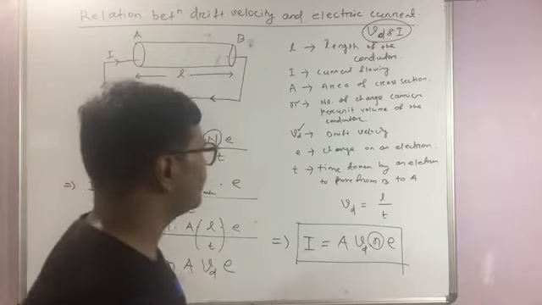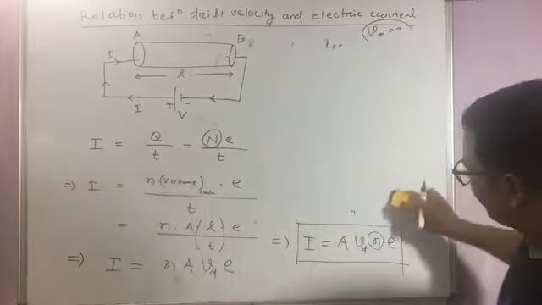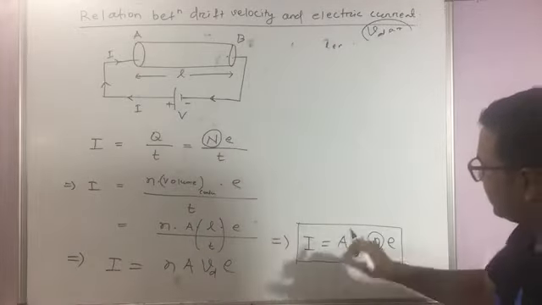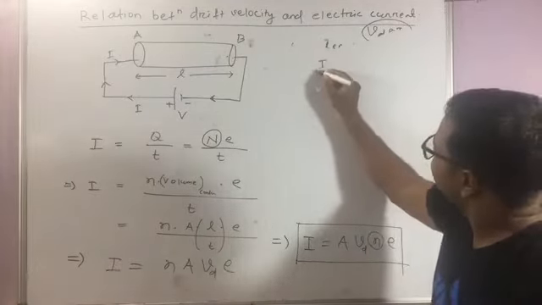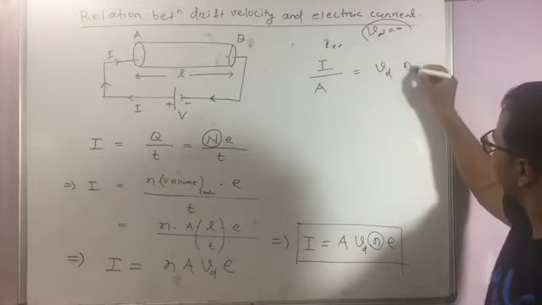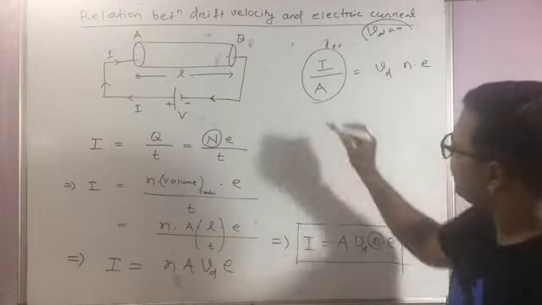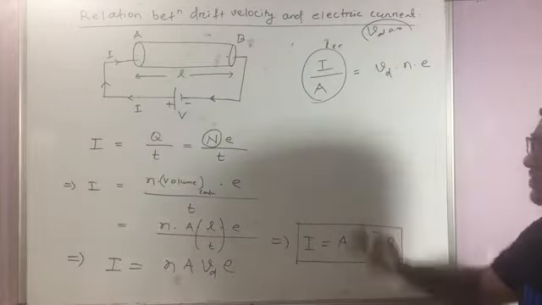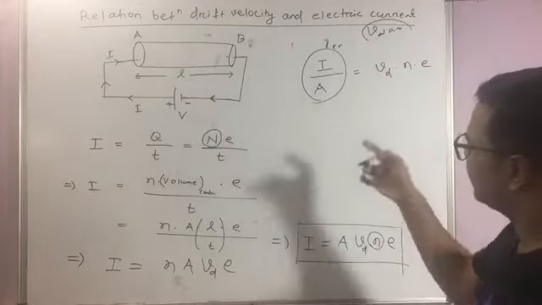Let us modify this equation and divide I by A, which is given by Vd into n into e. This quantity I by A has a special importance here. I by A is what? In the unitary method we can understand.